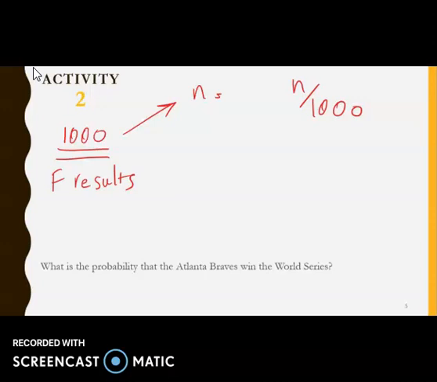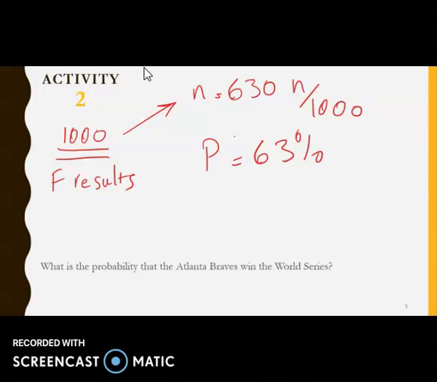For example, if out of 1000 runs that we do the simulation, n is, for example, 630, it means the probability Atlanta wins the World Series equals 63%.